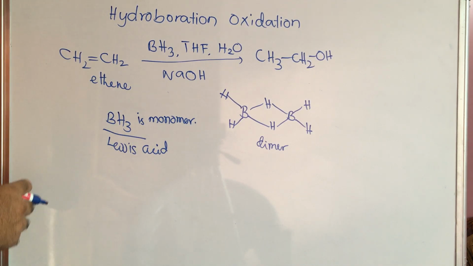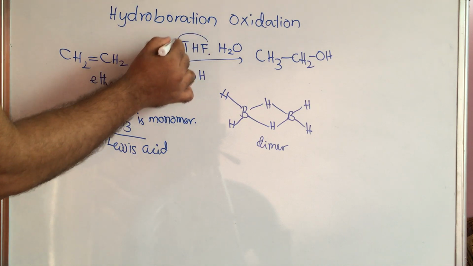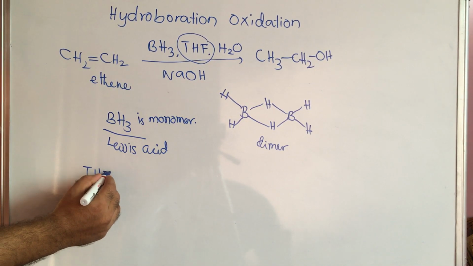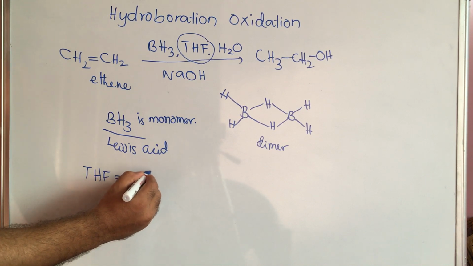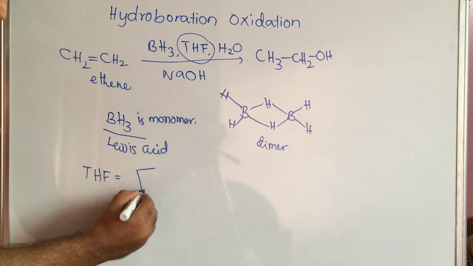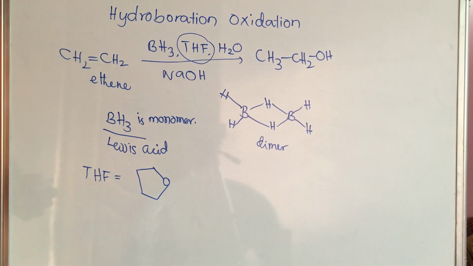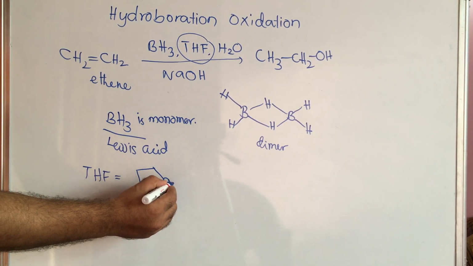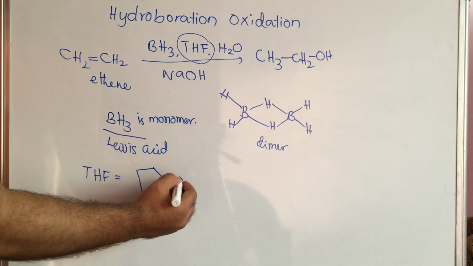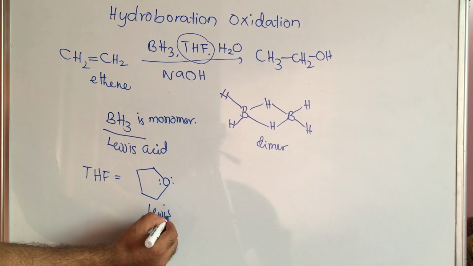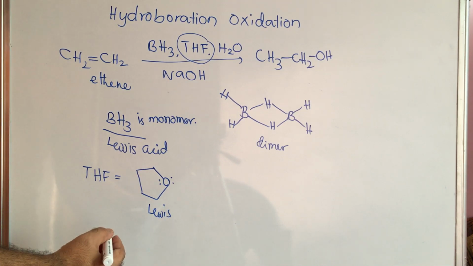To stabilize this BH3, we are using tetrahydrofuran. THF is nothing but this 5-member ring compound. This is the lone pair. This lone pair, this is a Lewis base.